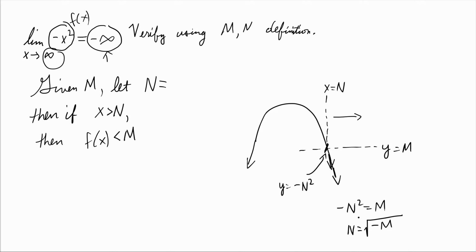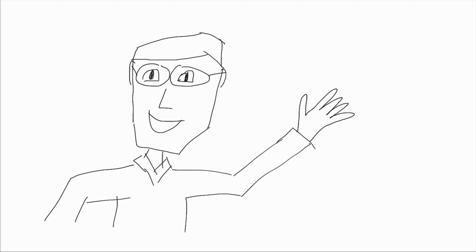So here's the relationship between N and M. N will be equal to the square root of negative M. Then if x is greater than N, we know this works, and we can see that by the picture. I just verified in the picture the relationship between N and M computationally right here. And that would be it for that practice problem. Thanks for watching.